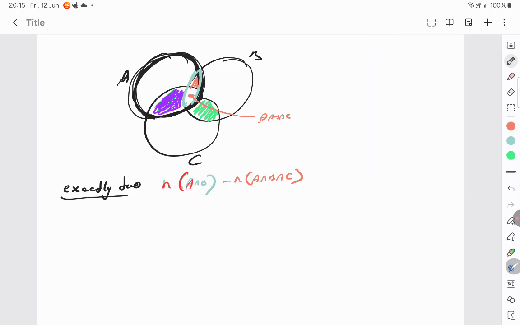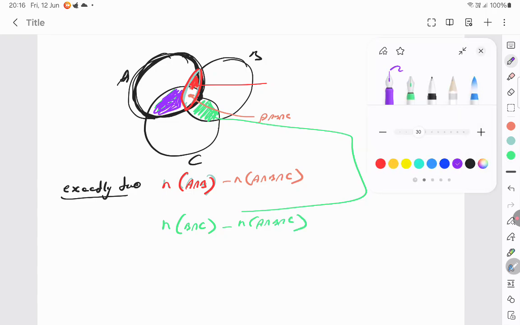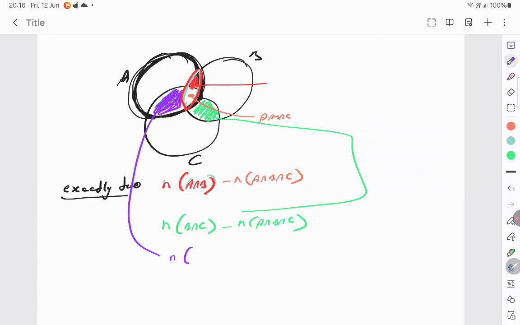The red color part in here is this half part, which is n of a intersection b, the whole thing, minus n of a intersection b intersection c. Similarly, let's do the green part here, which is n of b intersection c minus n of a intersection b intersection c. Then the purple color, which is n of a intersection c minus n of a intersection b intersection c.